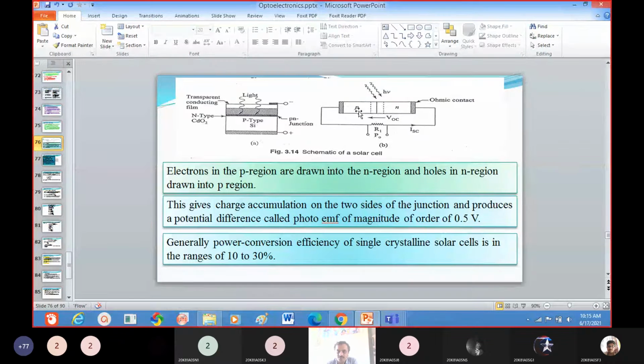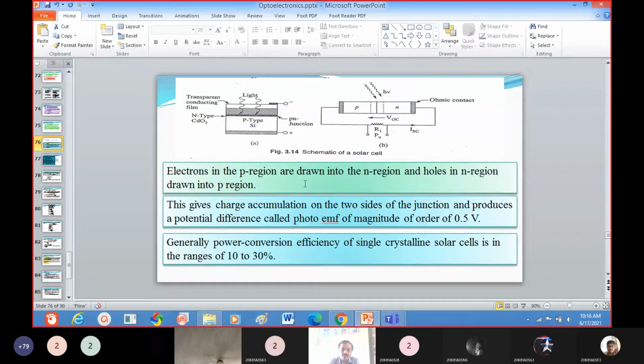After light illumination, covalent bonds break and electron-hole pairs are generated. Electrons move towards one region and accumulate there. Similarly, holes accumulate in the other region.